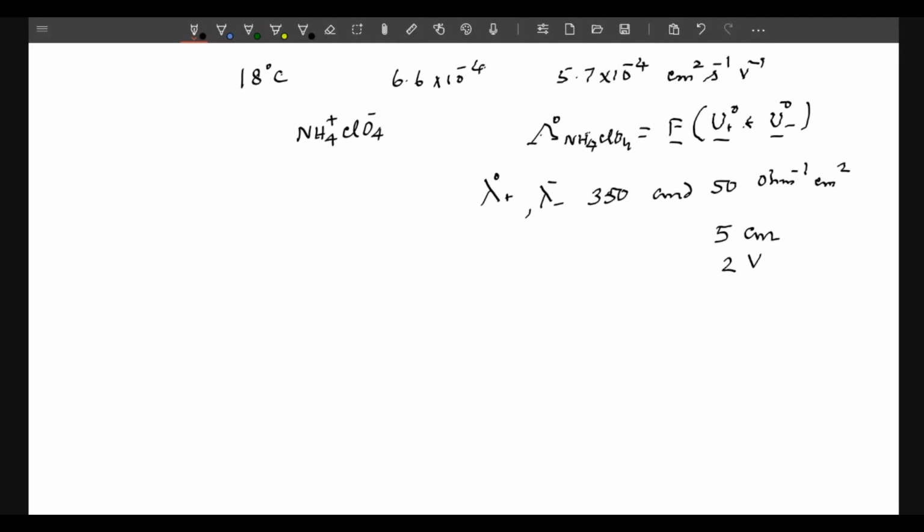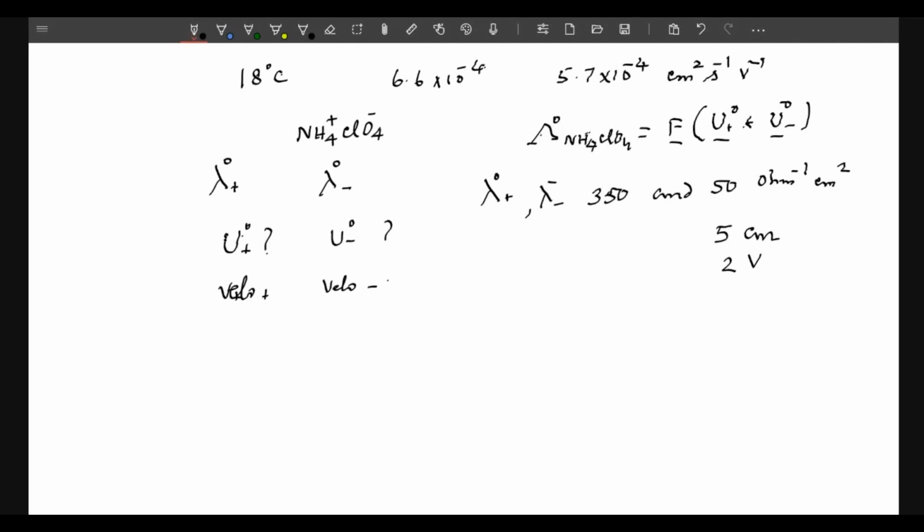First of all, look here, they have given lambda naught of plus, lambda naught of minus. They asked ionic mobilities, U plus naught, U minus naught. They are asking these two, and ionic velocity, velocity of plus and velocity of minus.